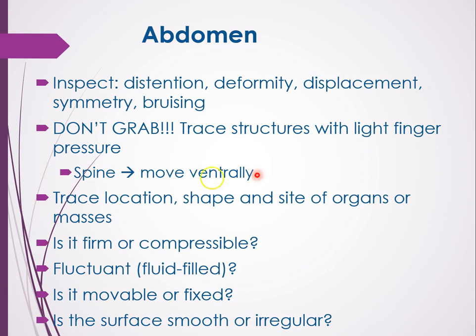So usually you will go from spine, meaning that you will go from dorsal and you move ventrally. That's how you should trace the structures in the abdominal cavity. And again, your anatomy has to be 110% good in order for you to know and imagine what you actually feel.